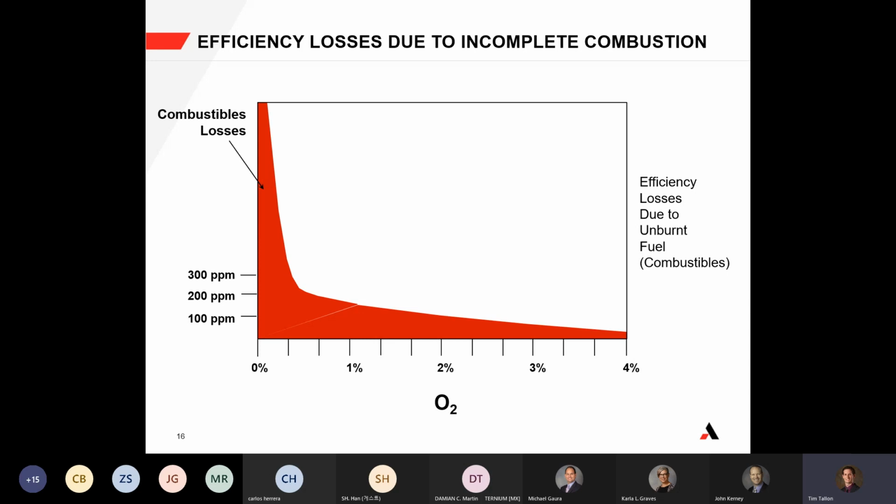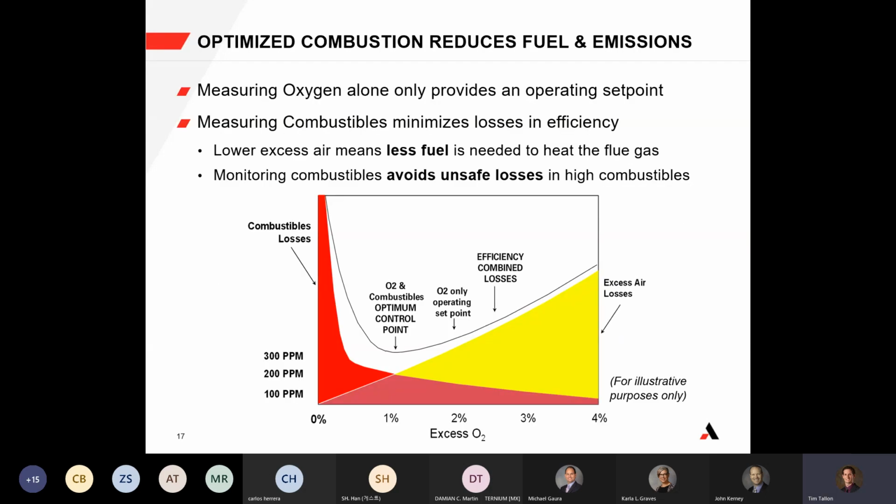You have unsafe conditions. You have all these ripple effects, and that's when you operate at too low of an oxygen measurement. So the purpose of optimized combustion is to find that optimum control point, because monitoring oxygen only gives you a set point.